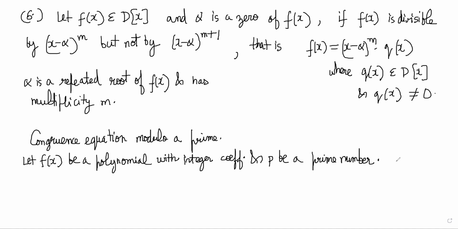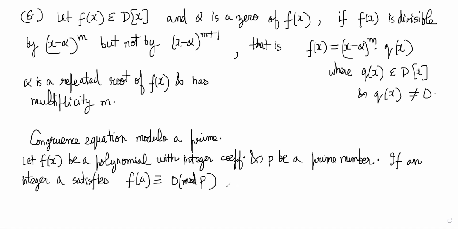Now, if an integer a satisfies this relation, f(a) is congruent to 0 mod p, then a is a 0 of f(x) modulo p, right?